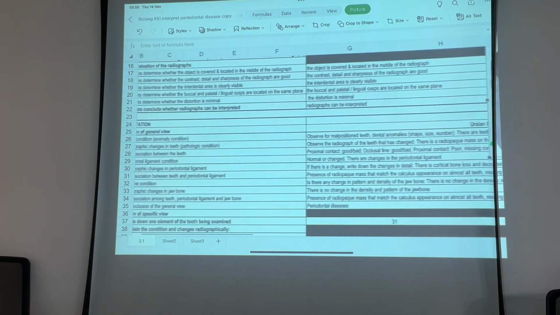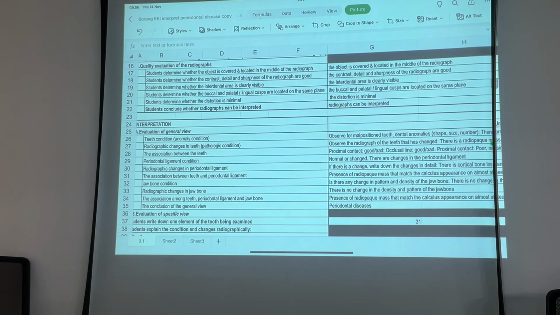The next one is radiographic jawbone condition. Is there any change or not? In this case, there is no change in the density and pattern of the jawbone because we still evaluate the periodontal condition.